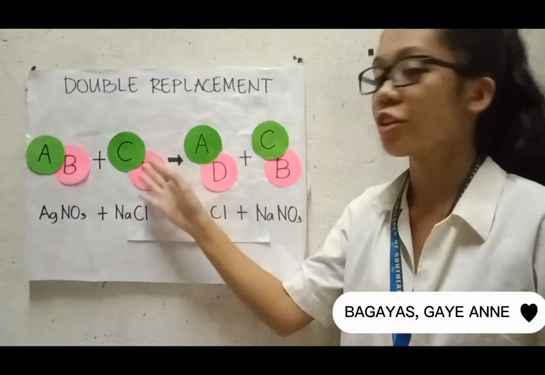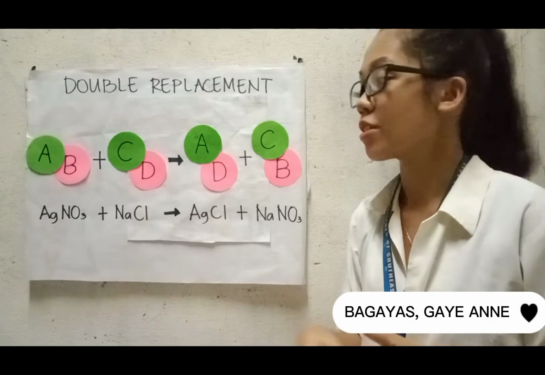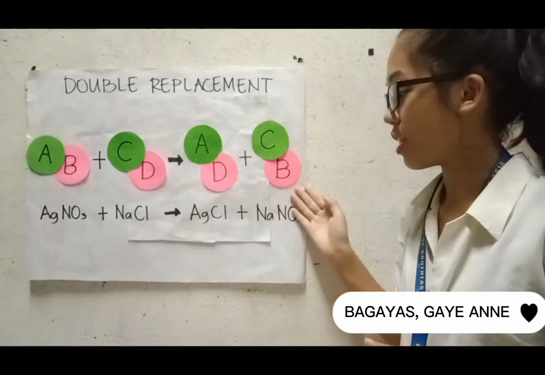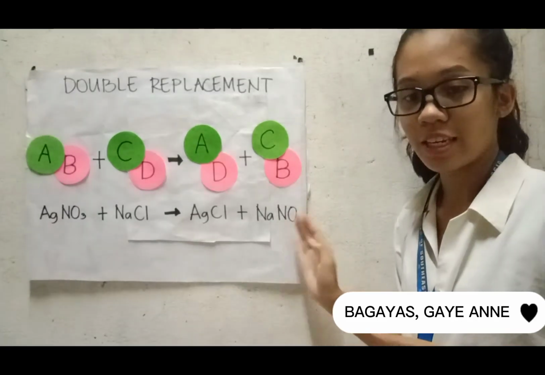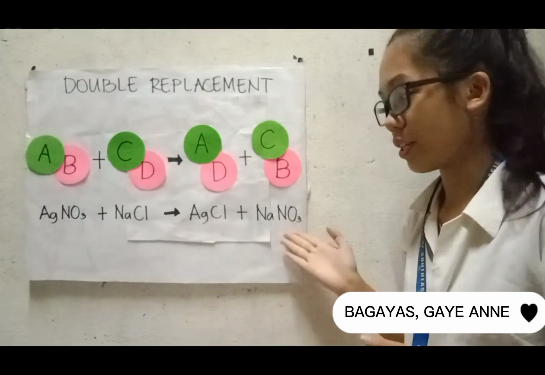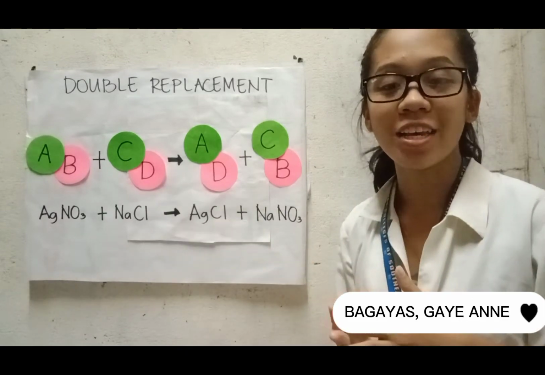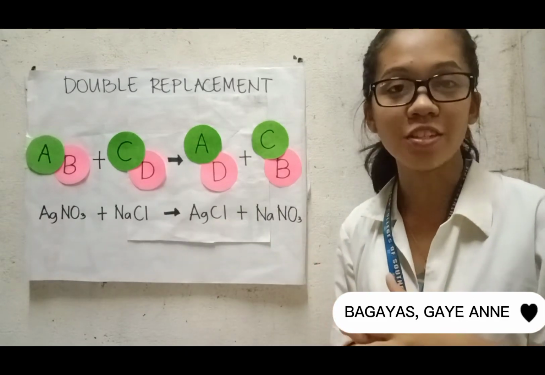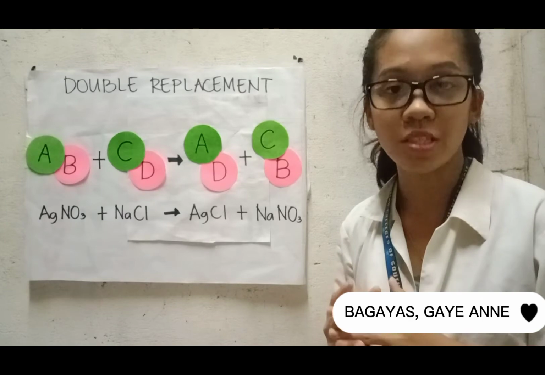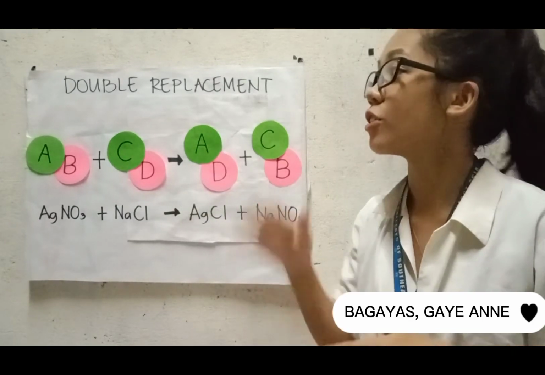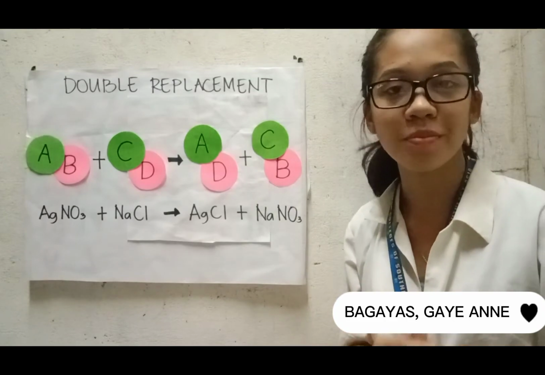And the sodium, the positive ion, comes with a new partner, the element B, which is the nitrate. Now it turns out to be sodium nitrate and silver chloride, where each positive ion finds another negative ion and finds its new pair. So that's what happens in a double replacement or double displacement reaction.